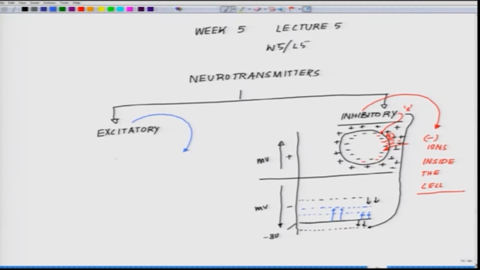It will make the inside more positive from its baseline. Again, if the baseline is sitting at say minus 40, it will become say minus 30.